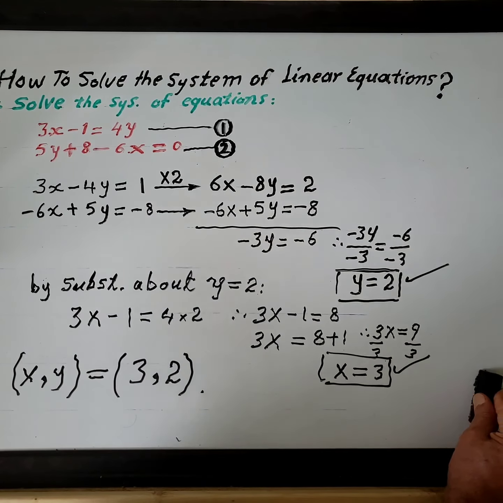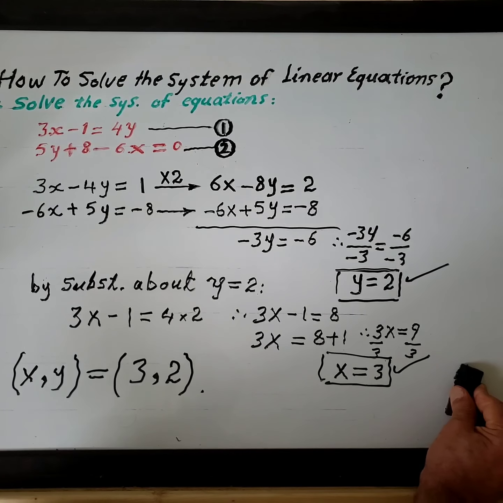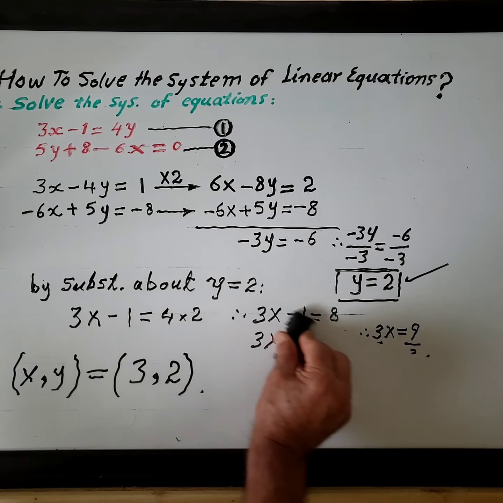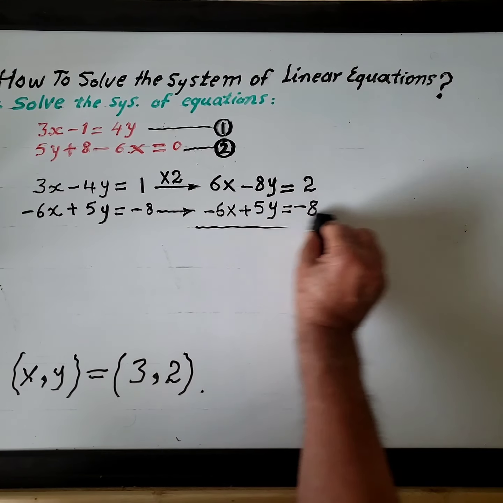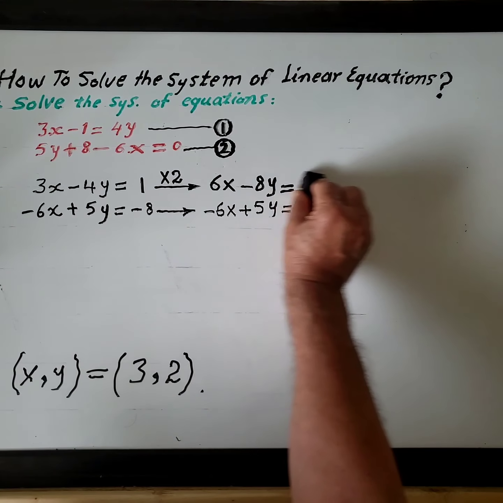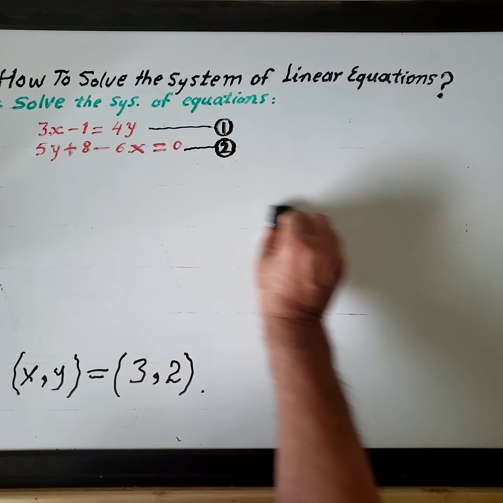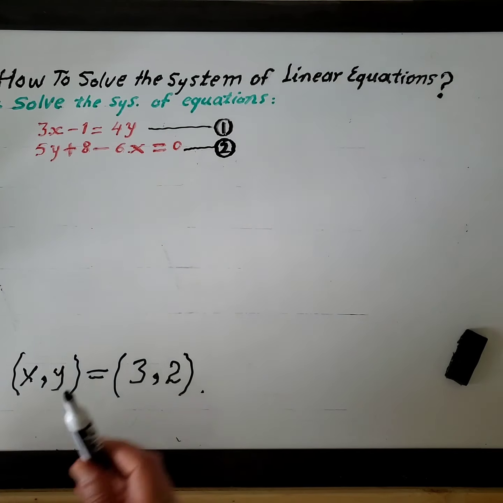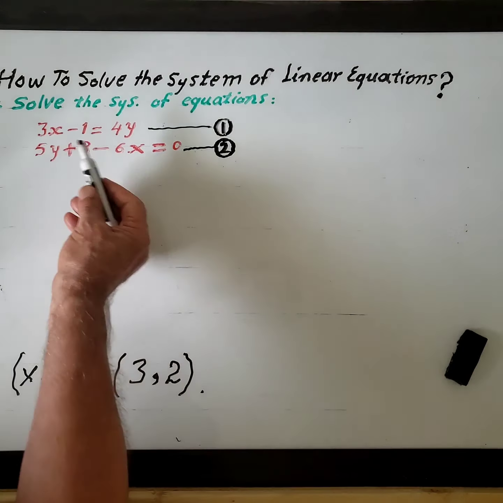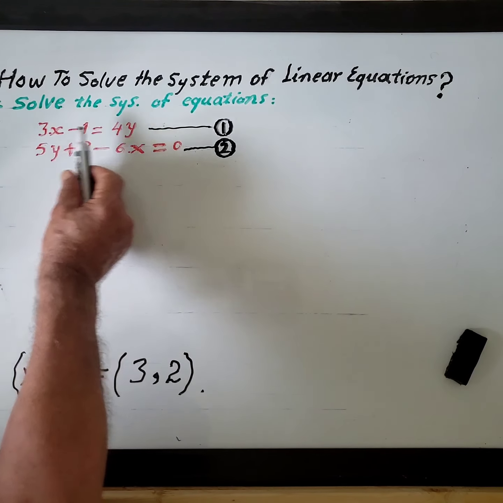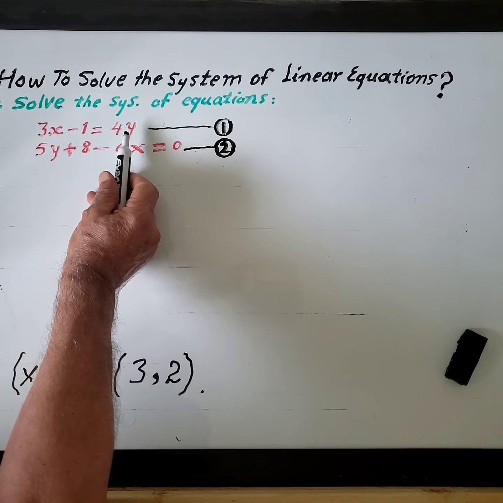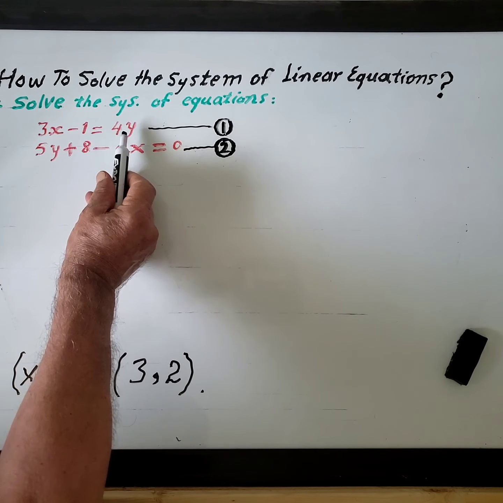Let us see how we can do the other way of solution. The other way of solution means to eliminate. Here you see x and y in the same equation.